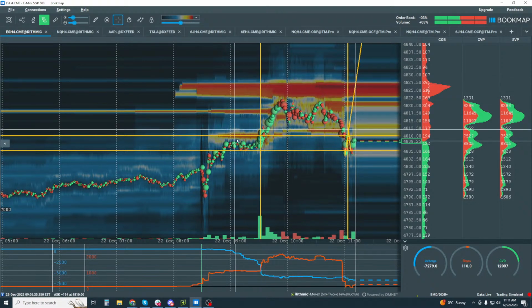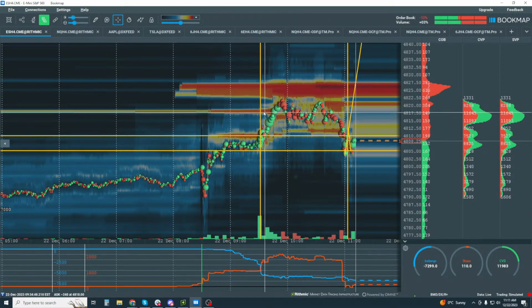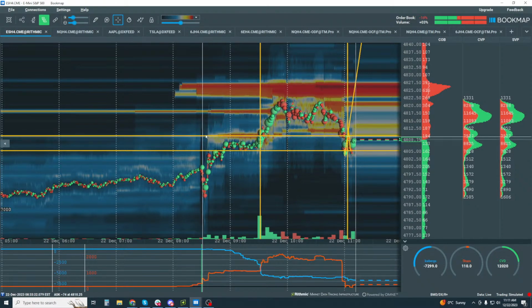Because you can start to understand someone on the other side absorbing. And it doesn't have to be icebergs either. We've seen days where it just keeps going into high liquidity all the way along as well. When that happens, it's the same thing: absorption, and then finally the market takes a pause.